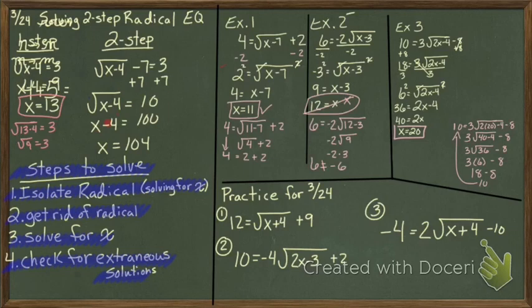Even if you get to that point I talked about on example 2, where I was able to look at that and say, well, it says the square root is equal to a negative number, so I know it's going to be no solution. I'm not going to get an answer to this. You still need to go through this process of proving that that is an extraneous solution.